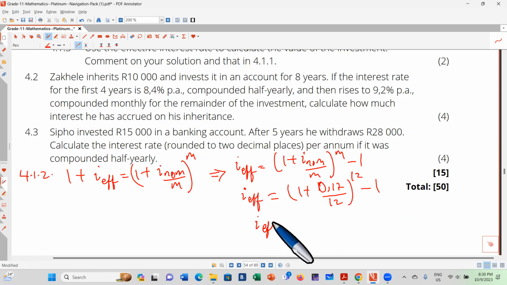Let's just do this one: 1 plus 0.17, you close here.